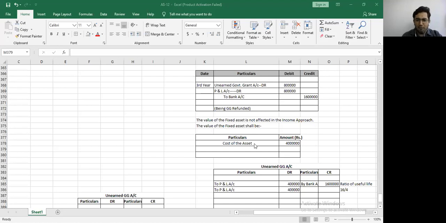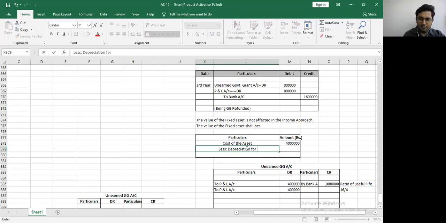Okay, so I will record at 40 lakhs. Let's calculate depreciation for 2 years. Less depreciation for 2 years. Let's calculate that.